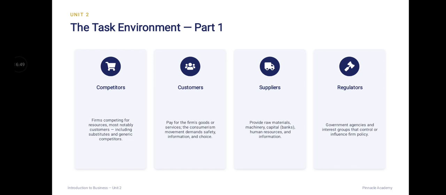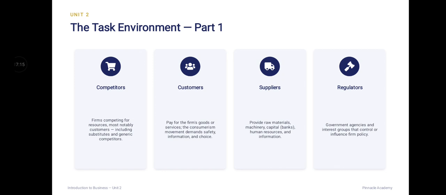This includes companies making similar products, companies making substitute products, and generic competitors who solve the same problem in a completely different way. MTN and Airtel are competing directly for mobile subscribers, and these are clear examples of competitors.